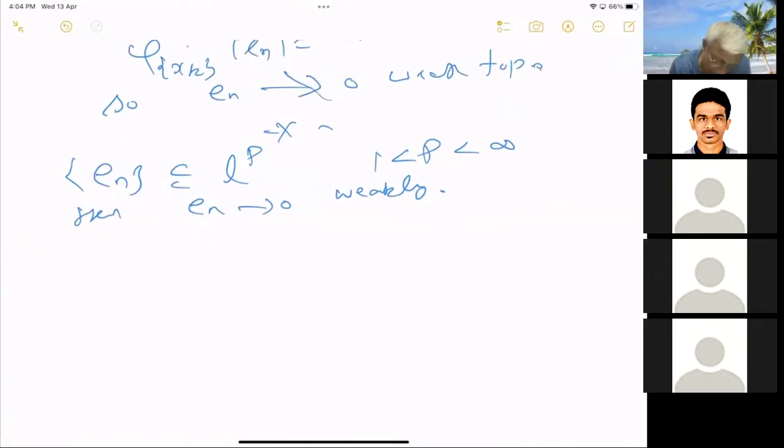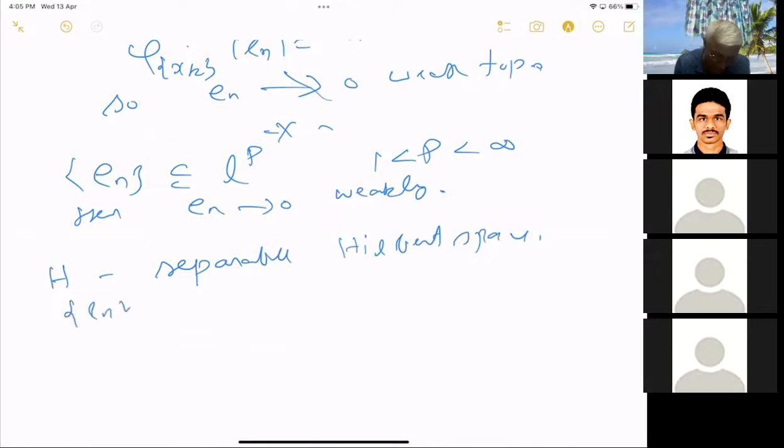The same thing is true for L2 also, but we can prove it for a more general Hilbert space. You can do it in a non-separable Hilbert space also, but for a separable Hilbert space we can consider sequences; non-separable means you have to consider nets. So I will better do it with a separable Hilbert space. Let H be a separable Hilbert space, and e_n be any orthonormal basis.